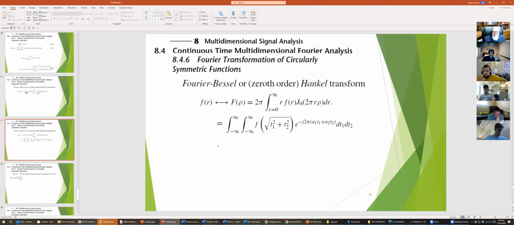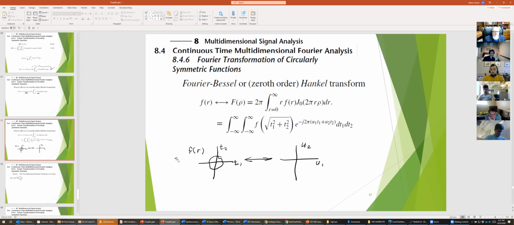Now, let's step back a little bit. We have a circularly symmetric object, right? Maybe a circle. Now, we want to compute the Fourier transform of this circularly symmetric object, under the assumption that this is a function just of r, the radial variable in the T1, T2 domain.